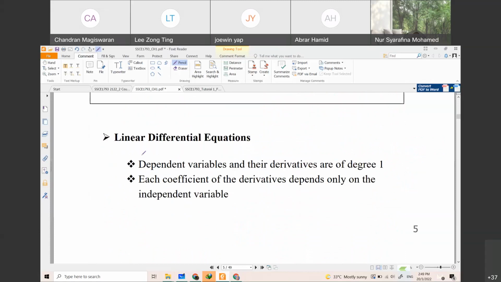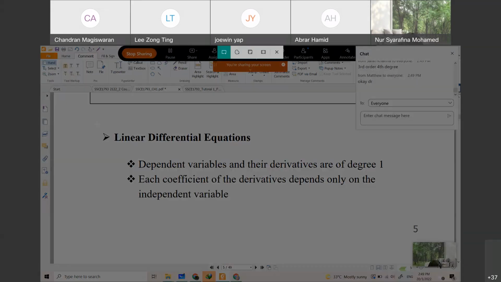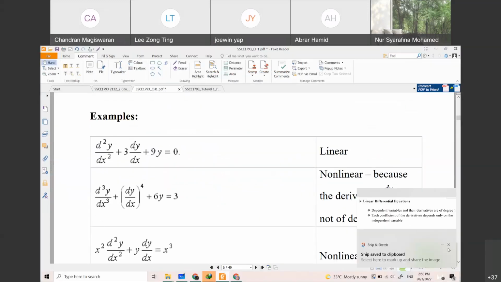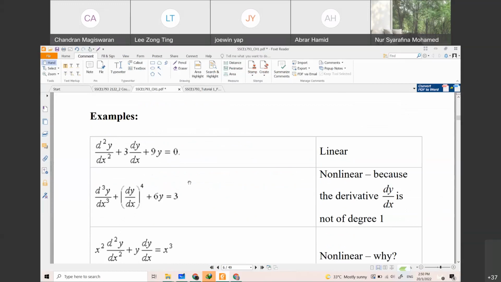Dependent variables and their derivatives are of degree 1. Each coefficient of the derivative depends only on the independent variable. So this is how you identify the linearity of a differential equation. Okay, let's try this example.